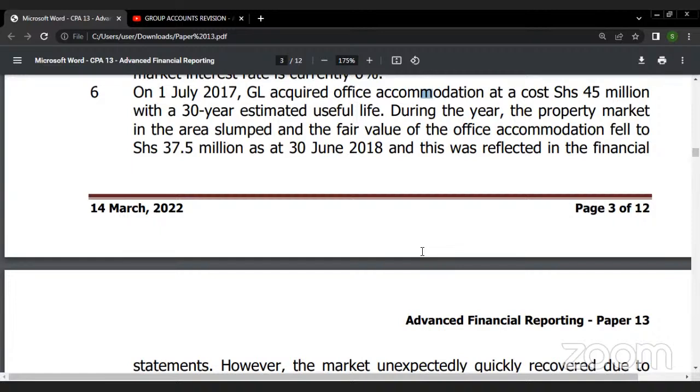During the year, the property market in the area slumped, and the fair value of the office accommodation fell to 37.5 million as at 30th June 2018, and this was reflected in the financial statements.